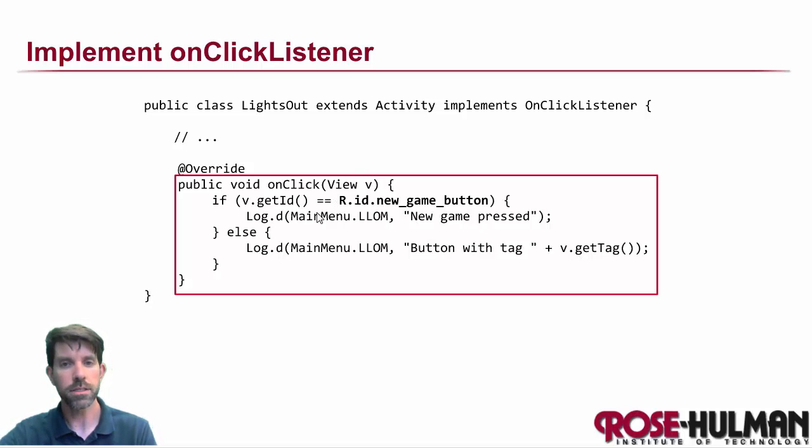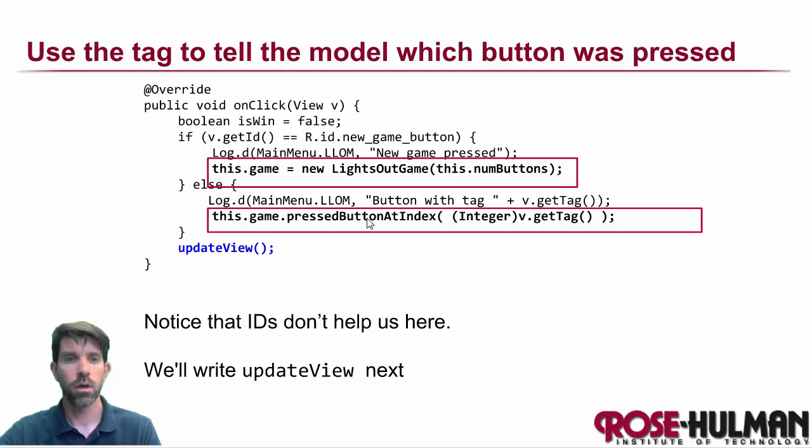All right, our on-click listener. We used the ID to figure out whether it was the new game button or not. And if it wasn't the new game button, there wasn't much we could do without using the tag, right? So we used the tag to figure out which of the Lights Out buttons was being pressed. And that's precisely what we did here.